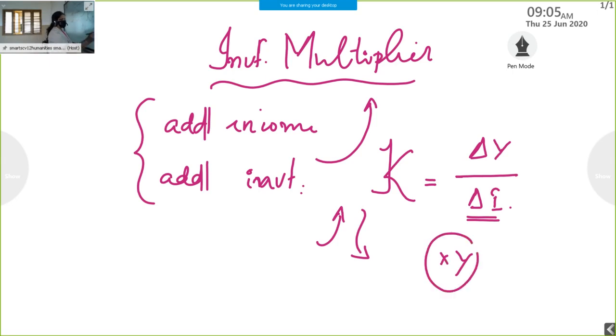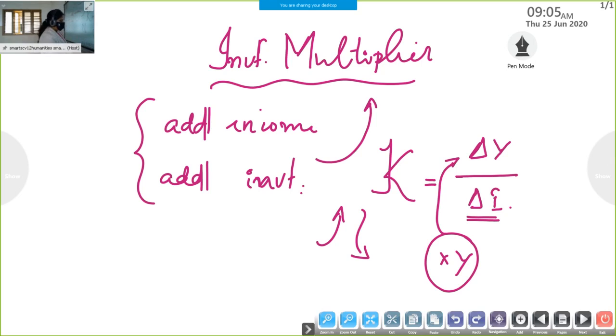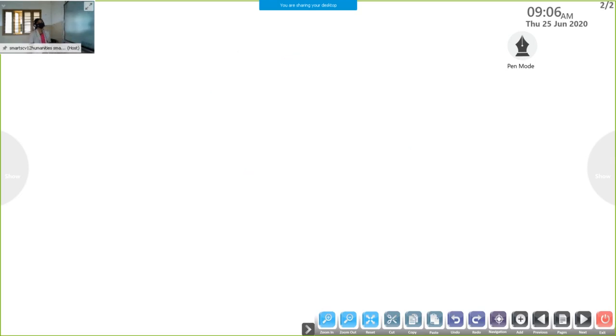Rather than income, we can say what will happen that causes changes in income. So, any changes in investment that causes increase or decrease in aggregate demand.